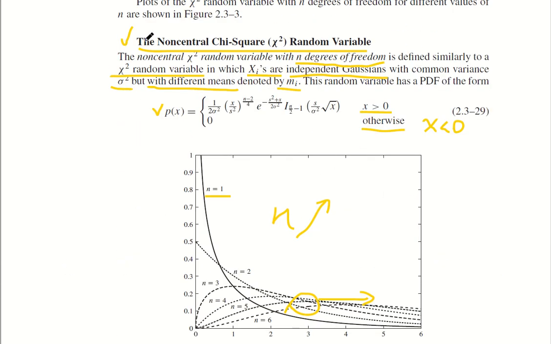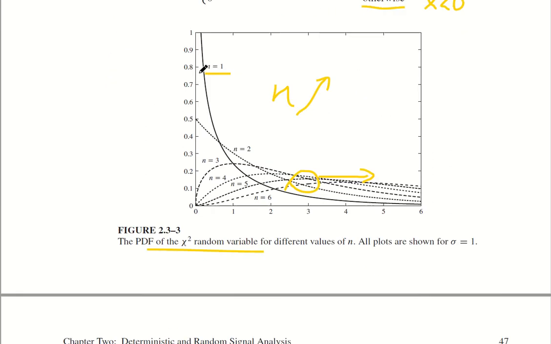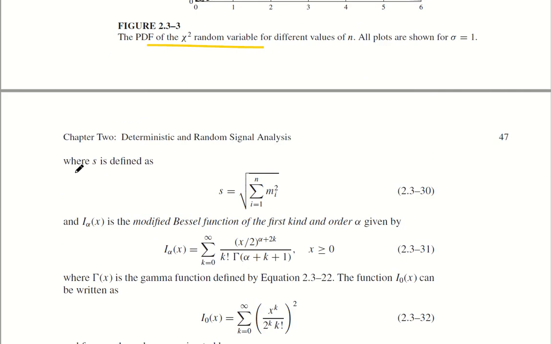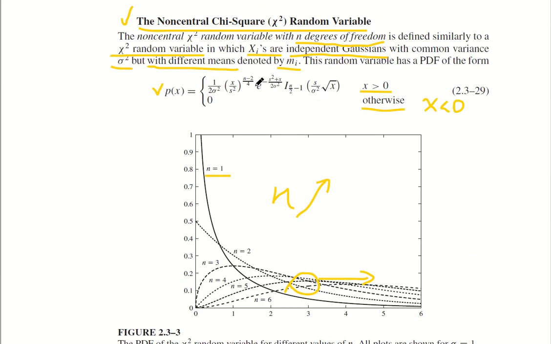Okay, so let's go back to this non-central. S is defined as, because we have parameters for S, then sigma, right? But sigma is known. Sigma is the standard deviation, and sigma square is the variance for that Gaussian. So we had no problems with the sigma.